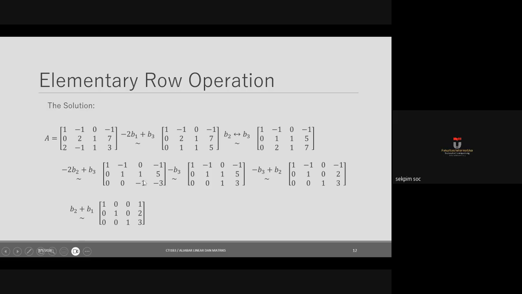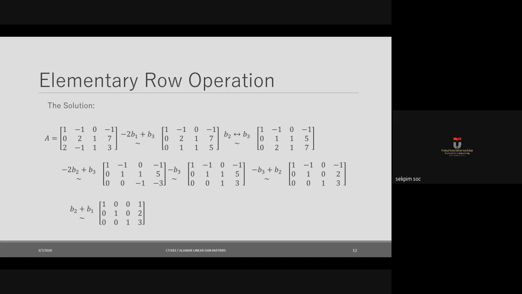And next is the third row. The third row in the third column, this element also should be 1. Since this is -1, we can use the second kind of operation. The first kind is interchange. The second kind is multiply a row with a non-zero constant, and the third one is add a row with a multiple of another row.